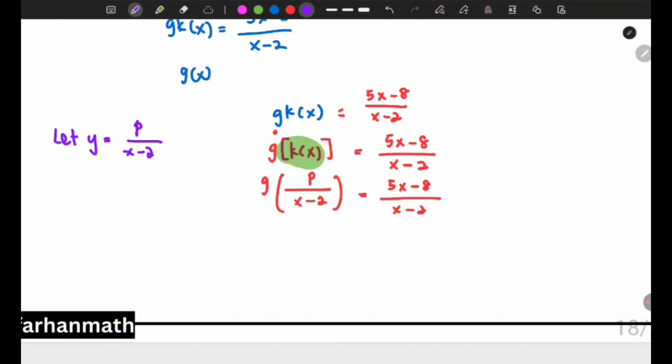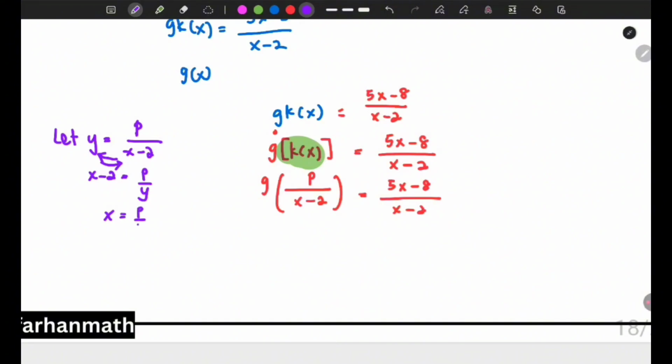And always remember the slogan, start with single y and with single x. So x minus 2 over p over y. I bring the x minus 2 up, the y down. Okay, and now I just need to find my x.